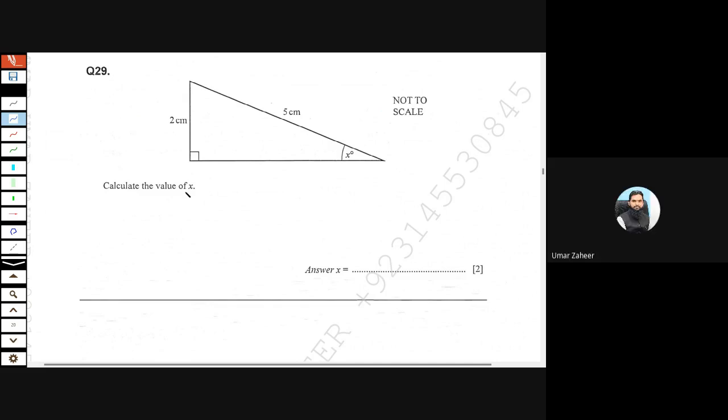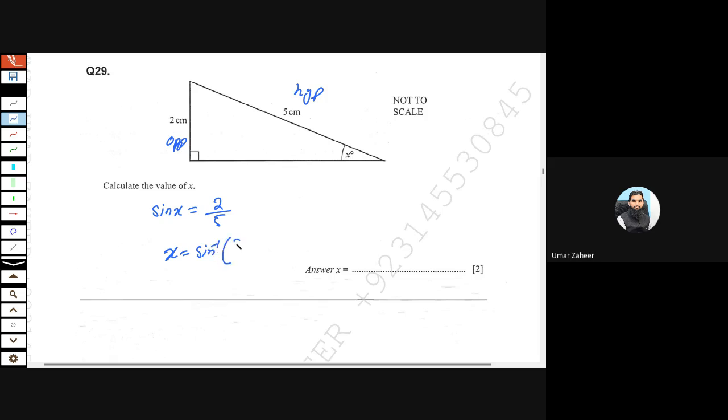All right. So which trigonometric ratio? It is opposite. It is hypotenuse. So we'll go for the sine, opposite over hypotenuse. So sine of angle, that is x, is equal to opposite, that is 2, divided by hypotenuse, that is 5.